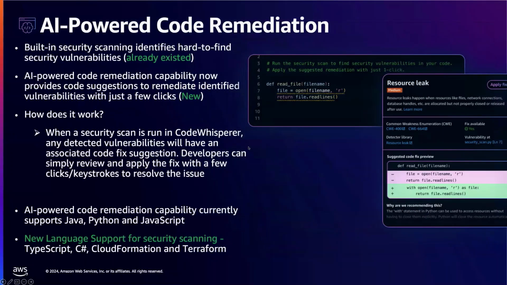This is the security scan I was talking about. So what it does is, after you finish all your coding in your Visual Studio Code, you can click on, I will actually show you a quick one.